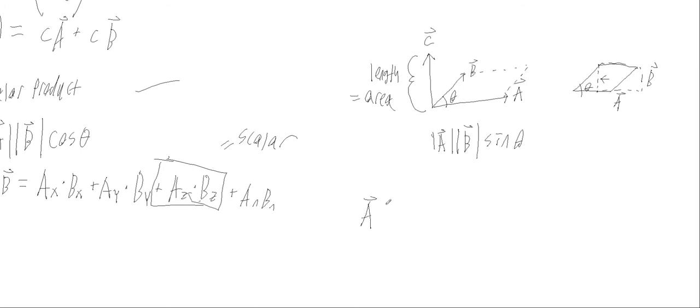So we have A cross B, and this is equal to, so we'll have our basis vectors, E1, E2, E3, and then we'll have the components for our two vectors here, AX, AY, AZ, then BX, BY, BZ, and then I'll put bars around this.